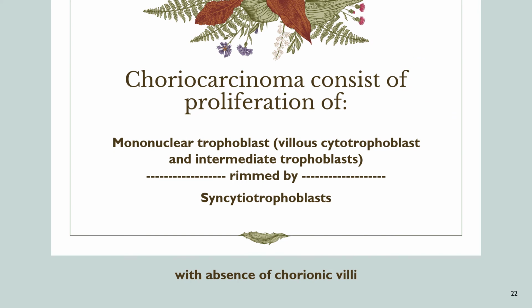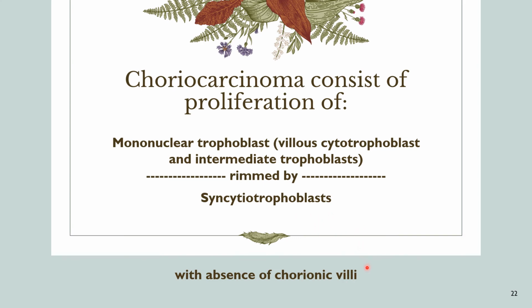They are mononuclear trophoblasts, cyto and intermediate trophoblasts, that are rimmed by syncytiotrophoblasts. So the clearer one is the cytotrophoblast or intermediate trophoblast, and the bright pink one is the syncytiotrophoblast.